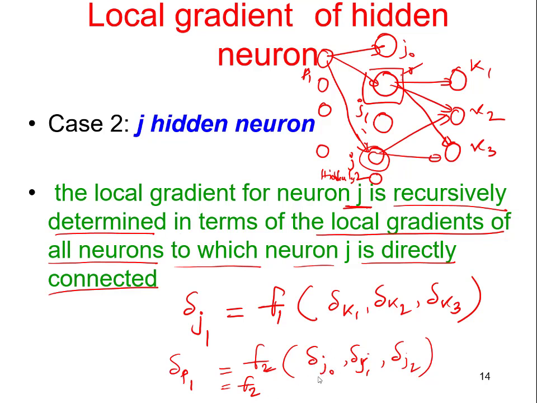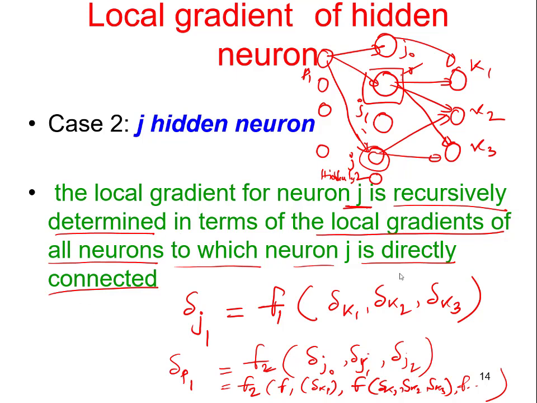J0 will have some function F1 of delta K. Suppose J0 is only connected with delta K1, and another function applies to delta J1. We have already computed delta K1, delta K2, delta K3, and as we move forward, the functions follow as well. So there will be a recursive function that helps to calculate delta P1, the local error for the local gradients.